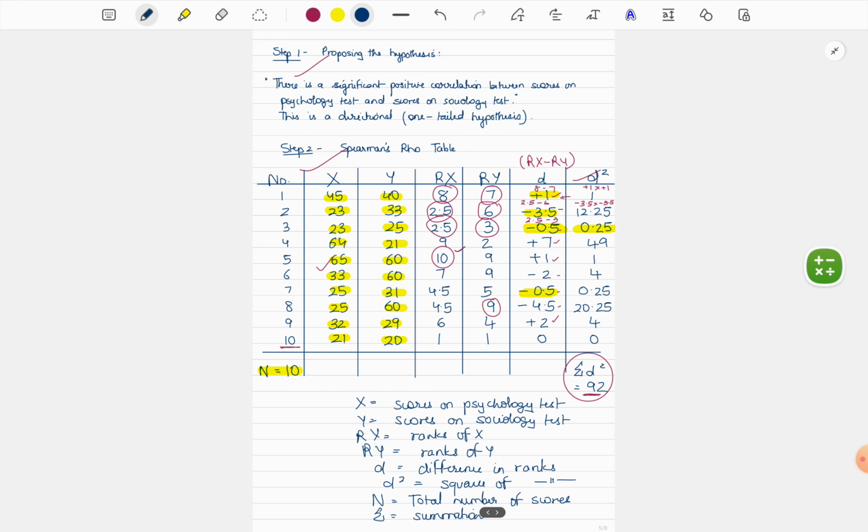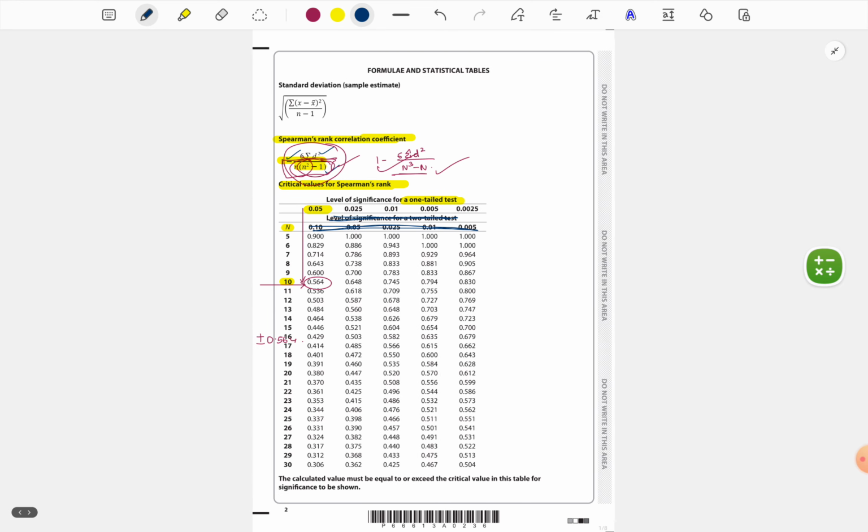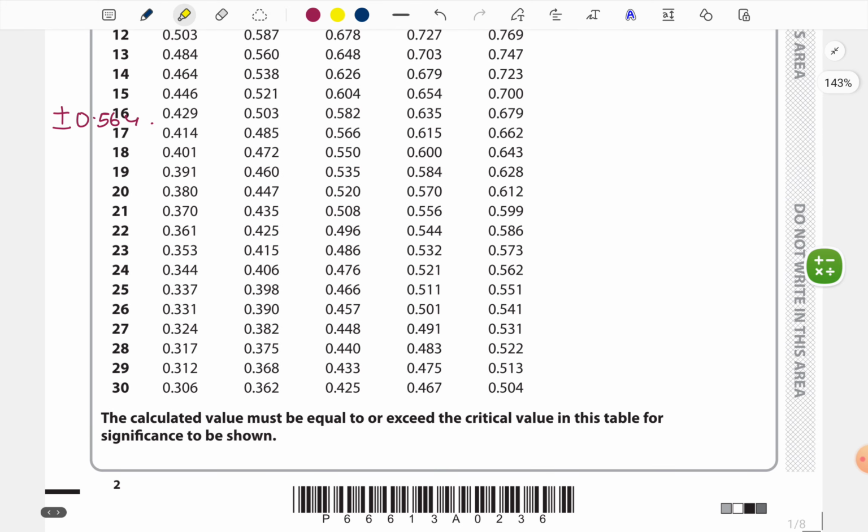One more thing before I forget, I just forgot to mention that you don't even need to memorize for your A levels or GCSE whether the calculated value needs to be greater or lesser than the critical value, because there are some inferential statistics in which the way of checking is the opposite, in the sense the value has to be lesser than the table value for it to be significant.